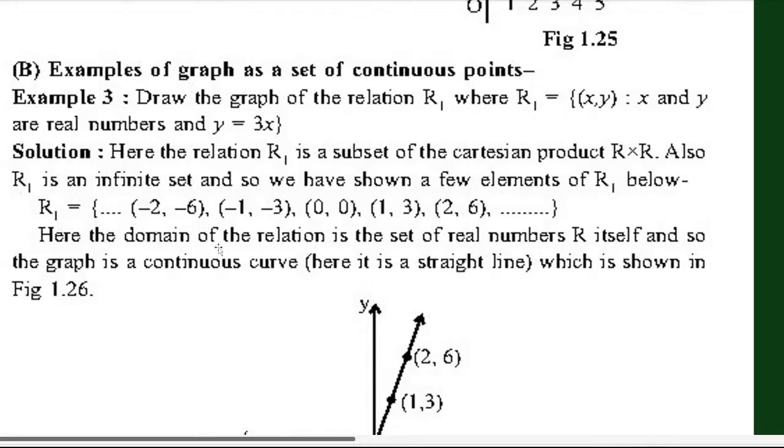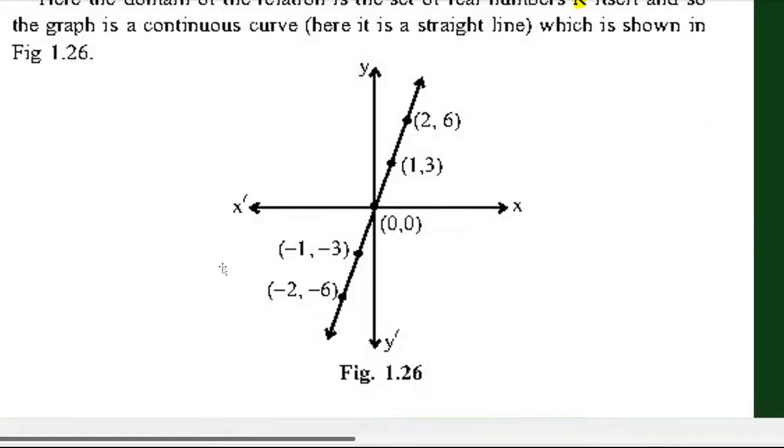Here the domain of the relation is the set of real numbers R itself, and so the graph is a continuous curve. Here it is a straight line, which is shown in this figure. You see, this is your continuous figure. Okay.